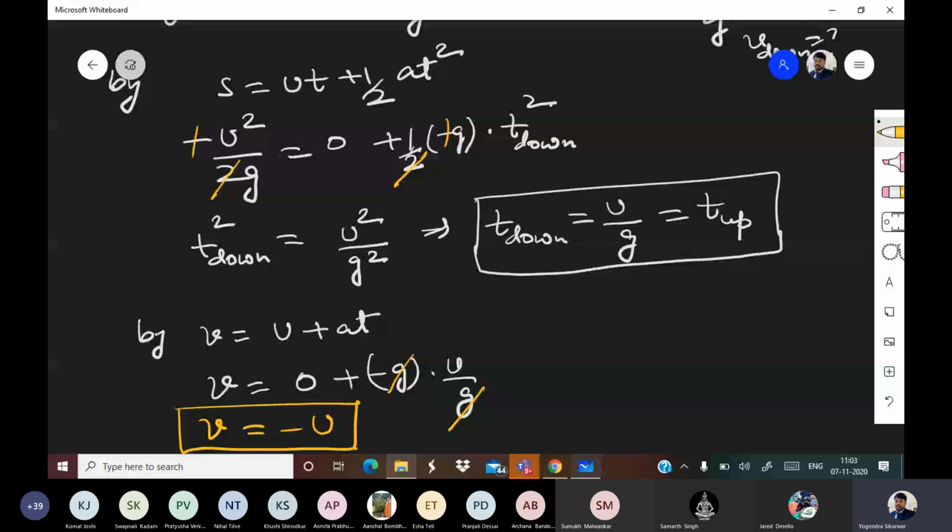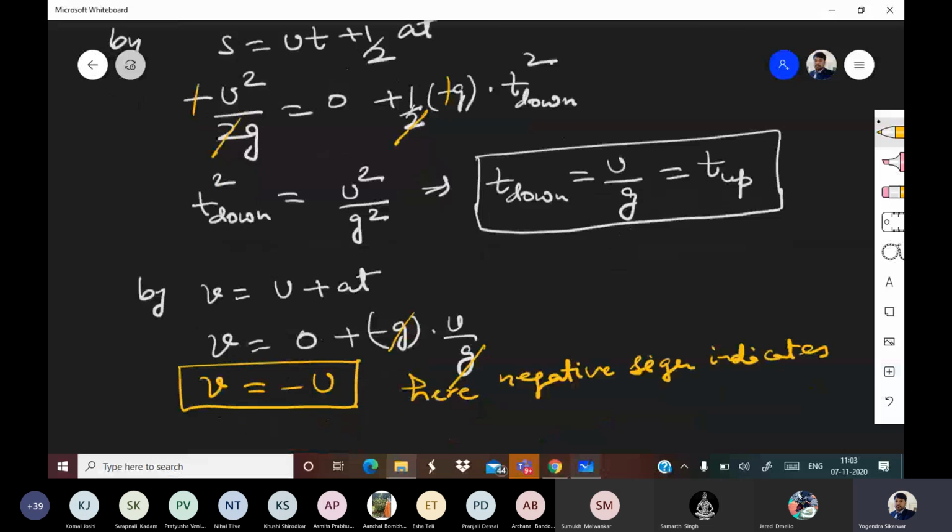Here the negative sign indicates that velocity is downward.